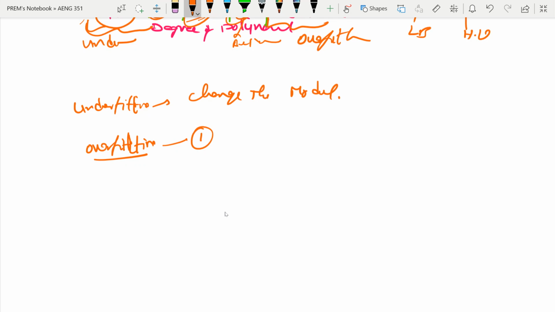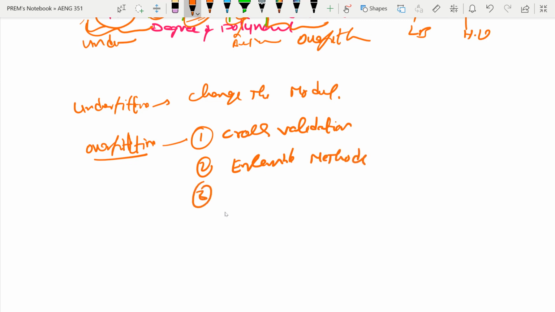cross validation. Second one is ensemble methods. And third point, feature selection techniques.